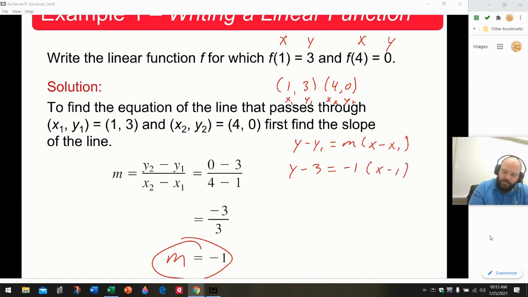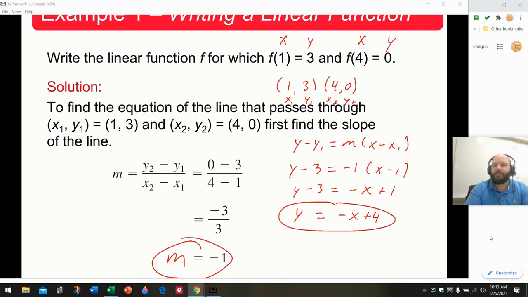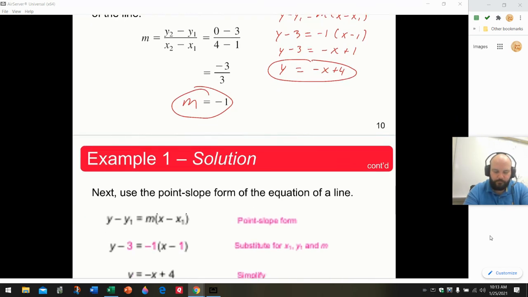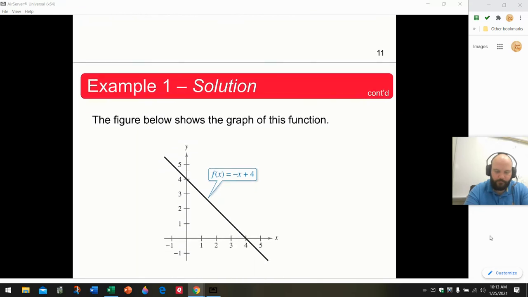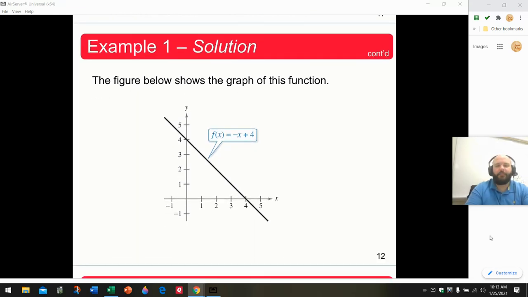I am going to distribute the -1, and then I'm going to add 3 to both sides. And I get my equation right there. y equals -x plus 4. That equation will run through the two points that we had from up here. And there's a graph of the equation that we solved for.